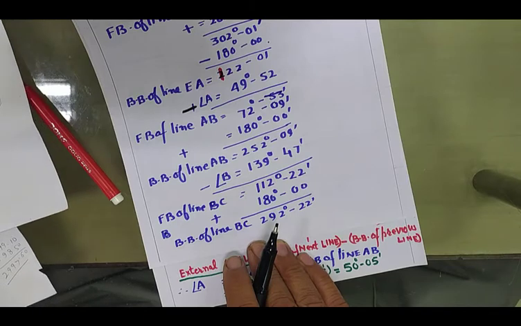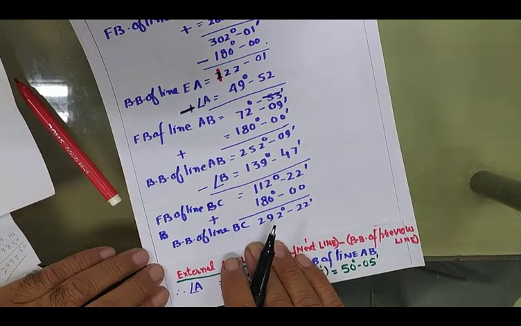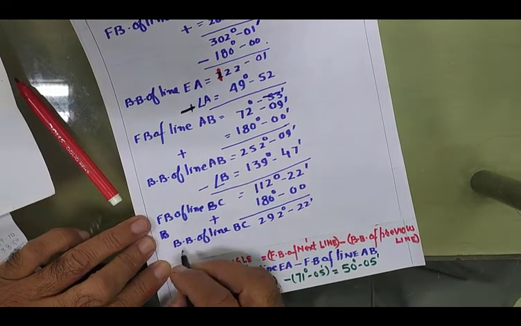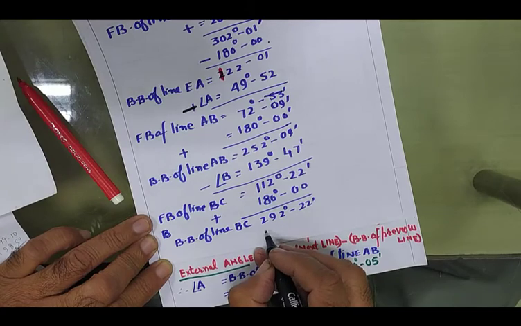Okay, so here we have to calculate the forward bearing of line CD. For this, you deduct the corrected angle.